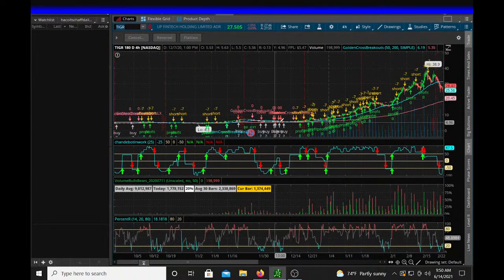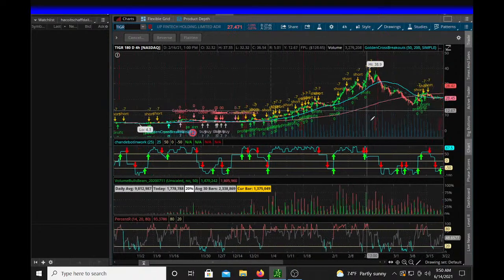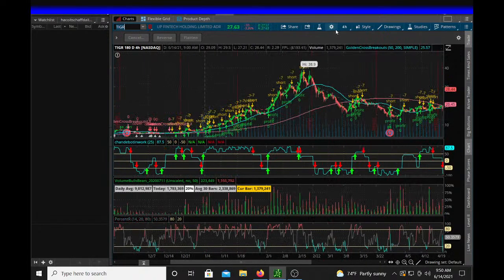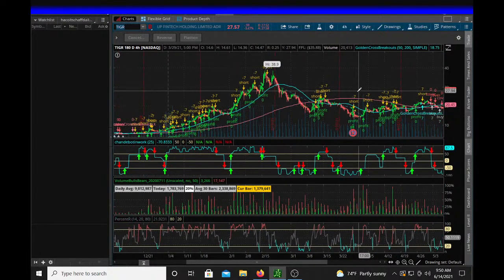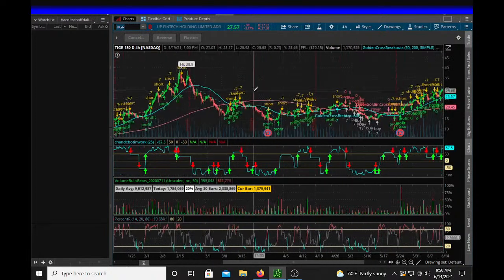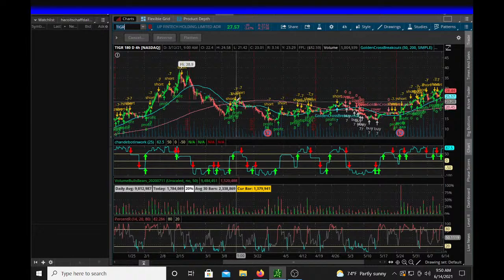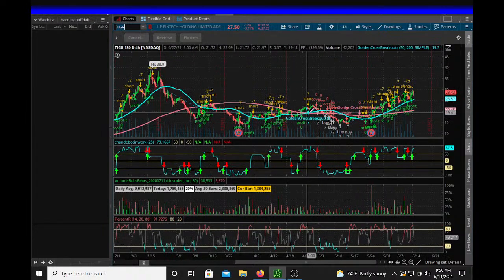Looks like we get our crossover somewhere in here. And take a short position somewhere in here. Looks like people started buying back up their positions all through here.